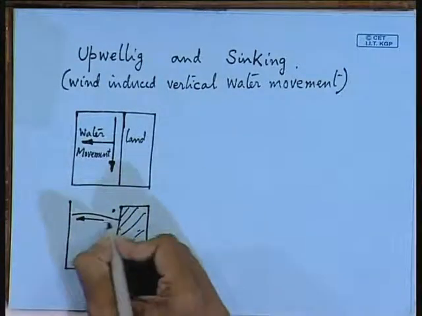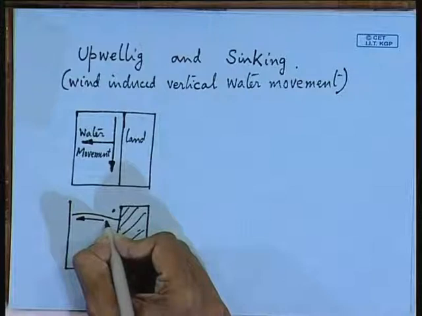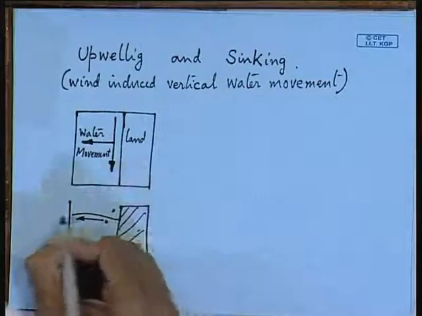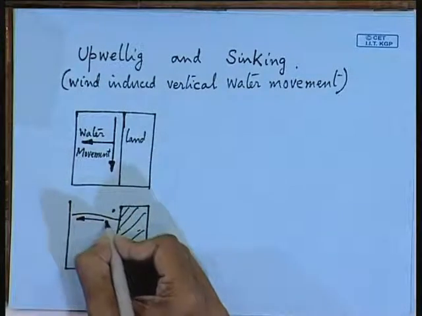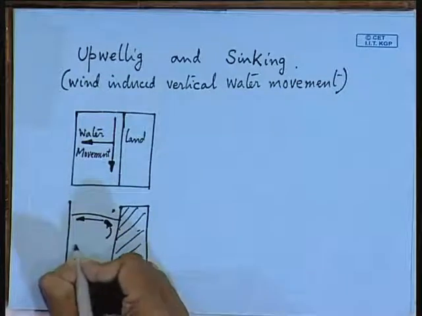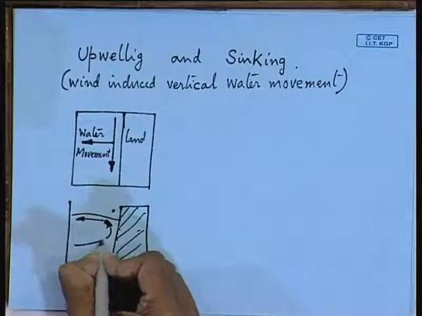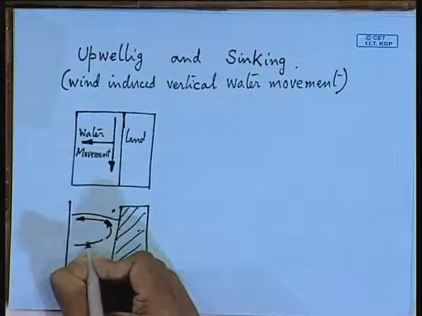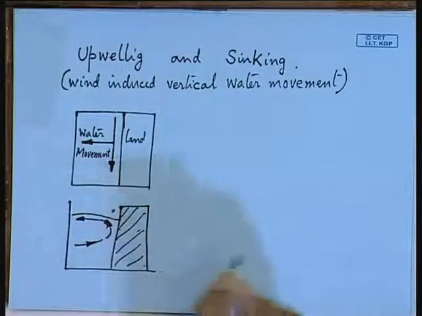So what is happening to the water down below this? You are moving your surface waters to the right. Obviously you are generating some kind of a vacuum, and your bottom waters are going to come up to the surface because of this wind.